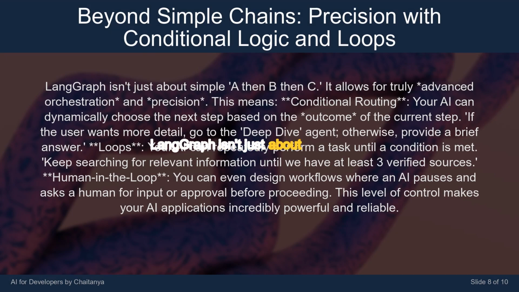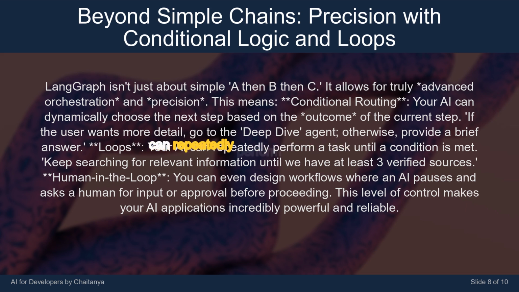LangGraph isn't just about simple A then B then C. It allows for truly advanced orchestration and precision. This means conditional routing. Your AI can dynamically choose the next step based on the outcome of the current step. If the user wants more detail, go to the deep dive agent. Otherwise, provide a brief answer. Loops.